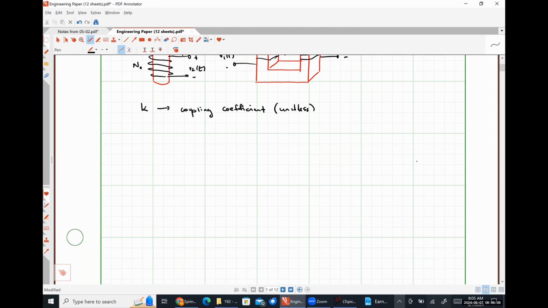And typically speaking, when 0 is less than k, sorry, that looks too much like a capital K for my taste, is less than 1/2, we have loosely coupled coils.